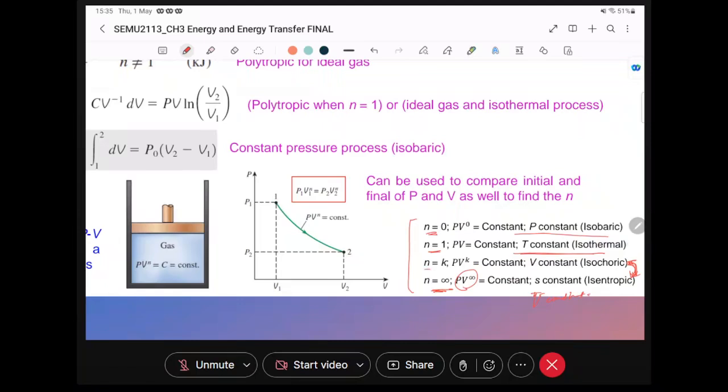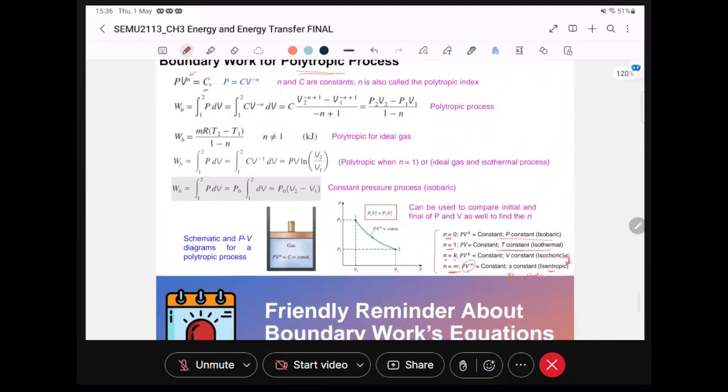When n is the ratio of specific heat, which we'll look at later on, then it's an isentropic process. Isentropic process means there's no losses. Okay. It's a very ideal condition, but then there's no losses in between.